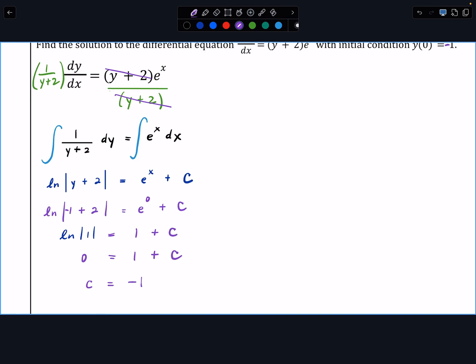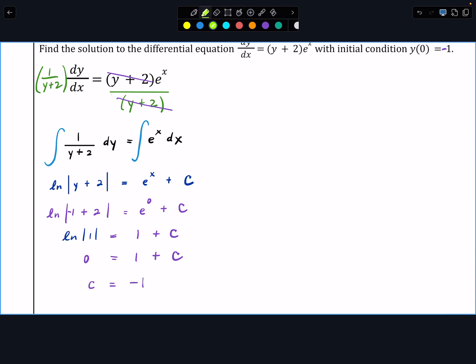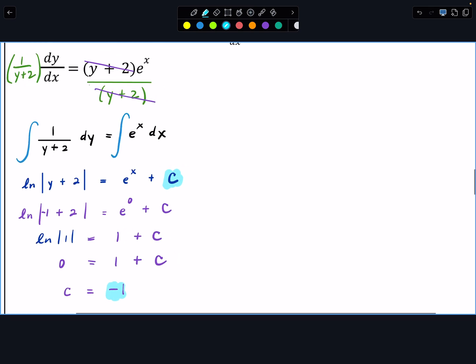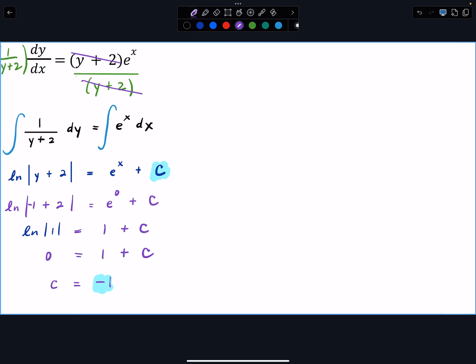Okay, so now since we know c is negative 1, I'm going to plug it back into here, and I need to solve for y. So the natural log of the absolute value of y plus 2 is equal to e to the x minus 1.